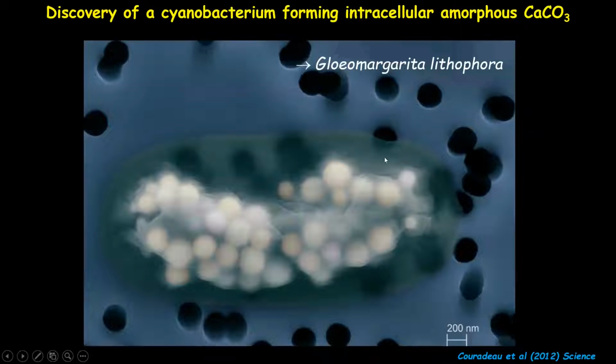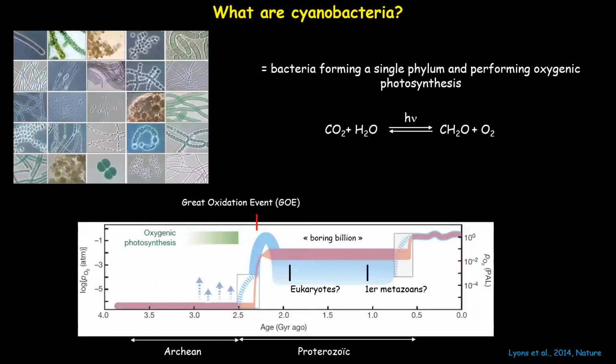And you see a cell filled with those globules that we analyzed by diverse techniques and showed that they were amorphous carbonates. And we also identified this microbe: it is a bacterium, more specifically a cyanobacterium.